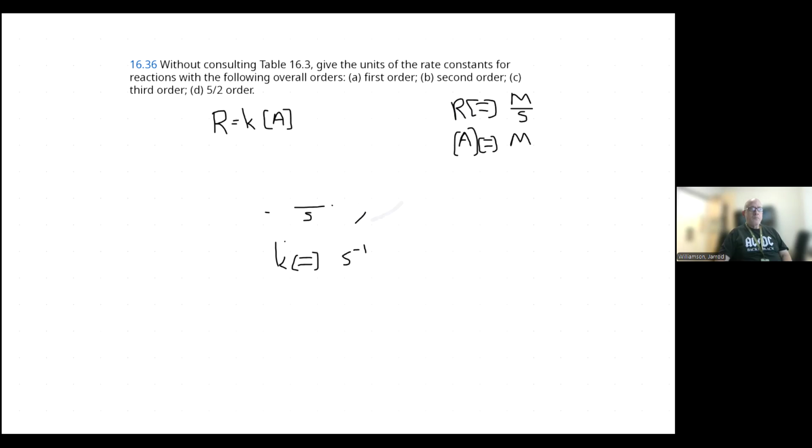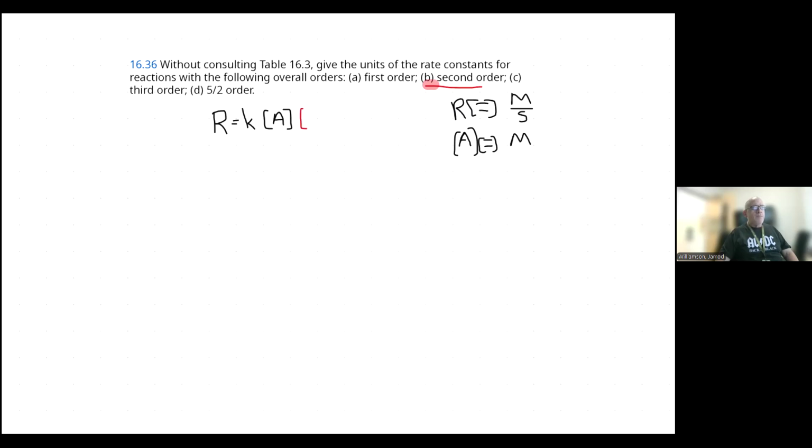So let me erase this stuff. Okay. Now, let me do the next one, second order. When it says second order, we can get second order one of two ways because it says overall second order.